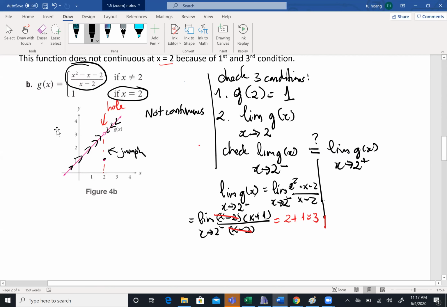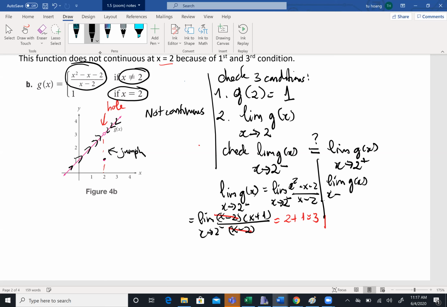So again, it's not equal to 2. I still have to apply the first part of g(x) on this limit. So I have the limit of (x squared minus x minus 2) over (x minus 2) for x going to 2 from the right-hand side.